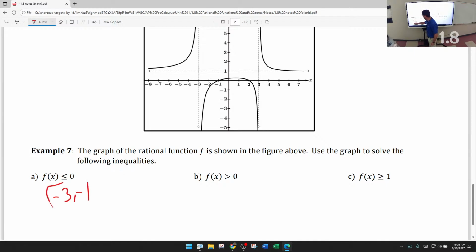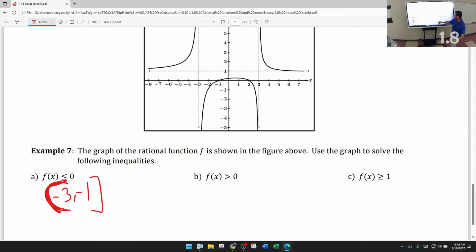It never touches. On a test, you might want to erase that because I couldn't tell for sure if that was a bracket or parenthesis. Y'all okay? If I can't tell, I have to assume wrong. So that has to be a parenthesis, and -1 can be a bracket because it touches there. And it's okay to be 0 according to that equals.